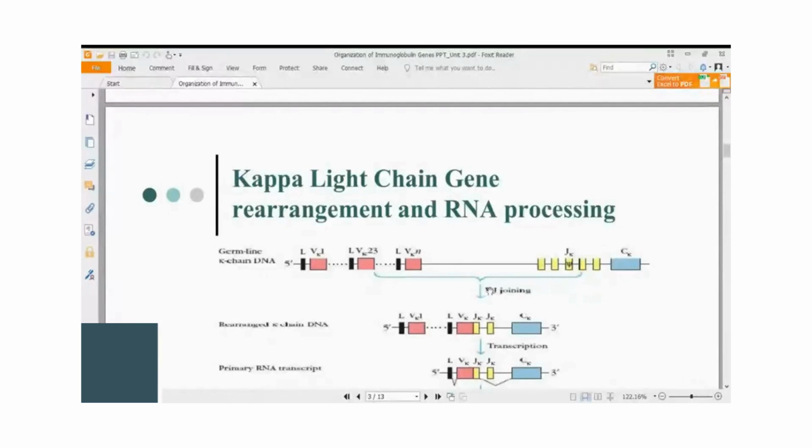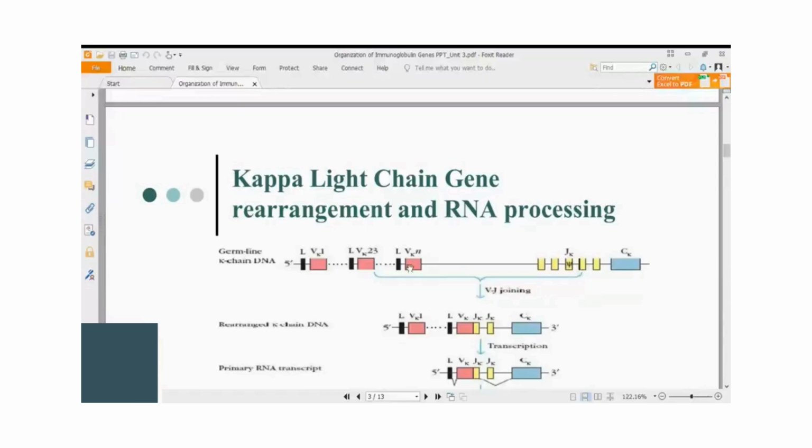So we'll take this example here. In the diagram, it is very clear. The gene that is chosen is here. They have shown the recombination of VK23, that is the 23rd gene of the variable region exon, with a leader sequence of its own, recombining with the 4th segment of the joining segment.